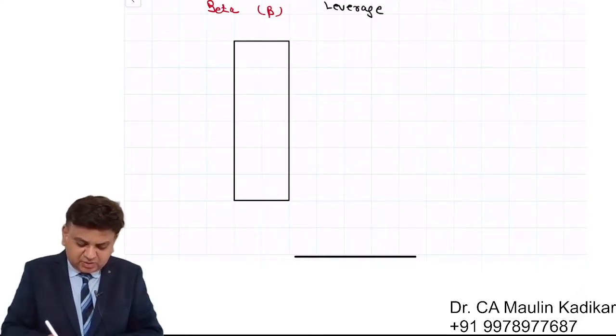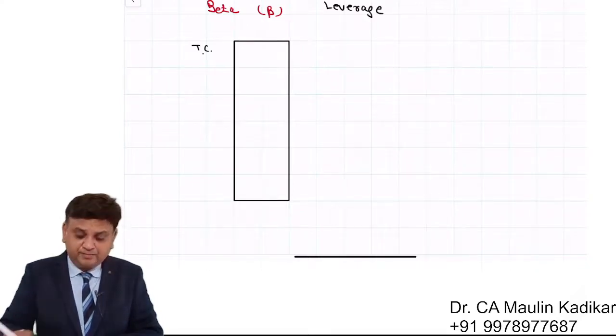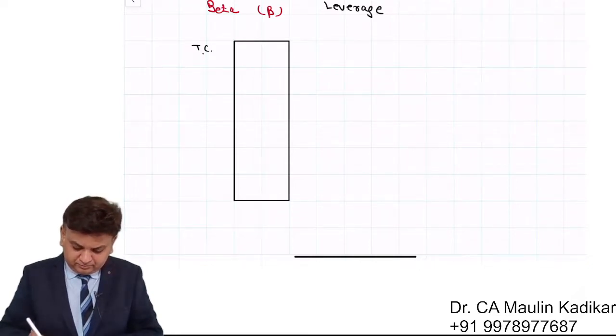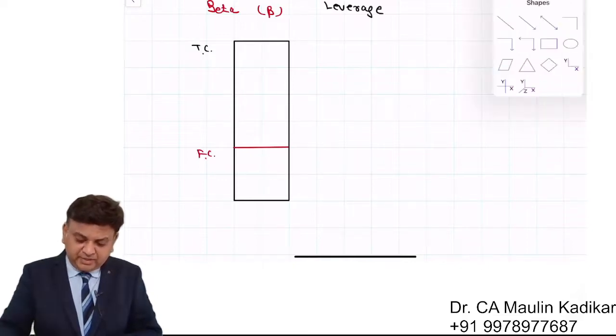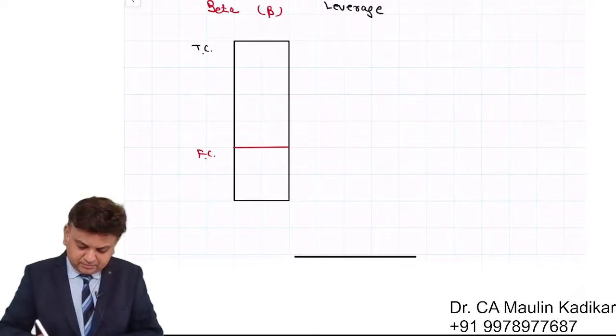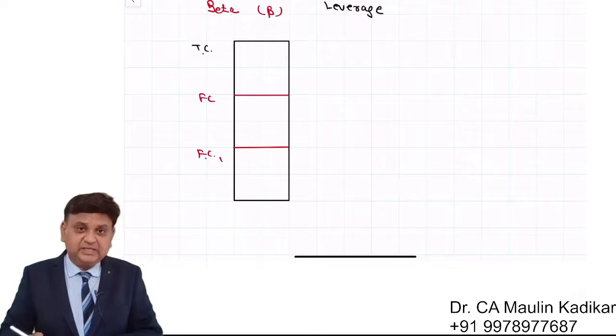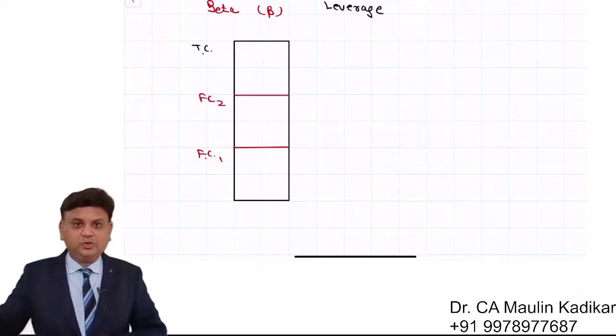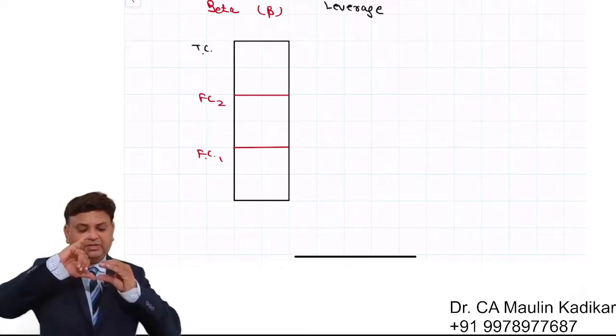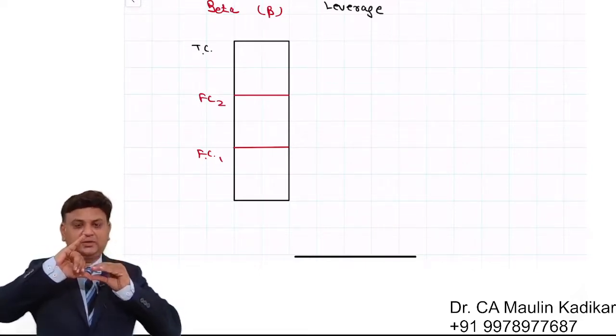Let us say this is the total cost, and out of that the company may have fixed cost of this level, or fixed cost of this level. Let us say it is FC1 and this is FC2. So the total cost is the same.